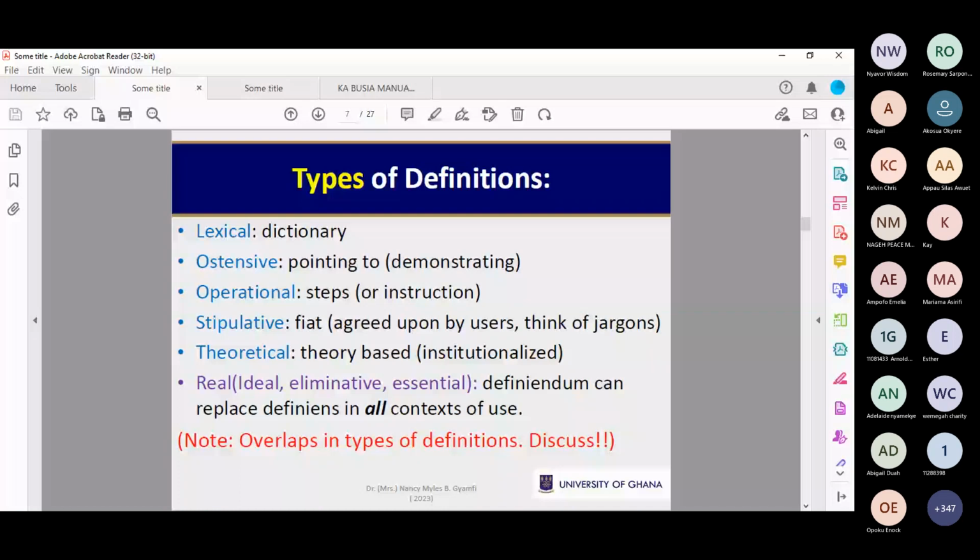That's stipulative definition. And then we also learned theoretical, the ones that are based on theory. You must know a whole discipline, a whole, if you like, course. You must take a course in a specific field of study to understand that definition. That is the issue. You must know chemistry to understand water is H2O.